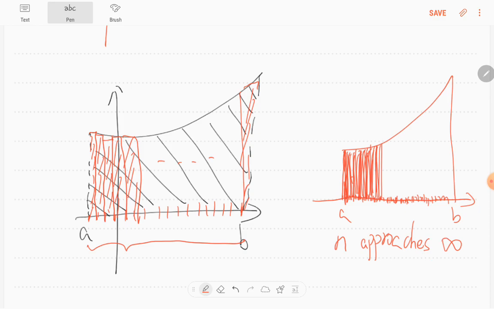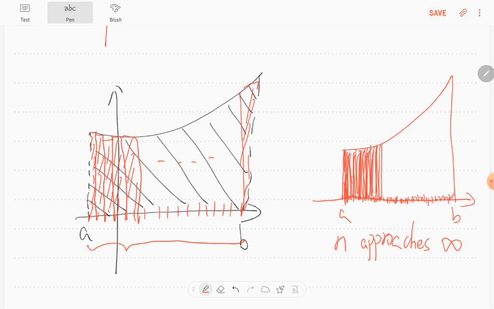We use this symbol, the horizontal 8, to denote infinity. That means n is very large. Then, if the number of intervals is very large, each interval is very tiny, right?